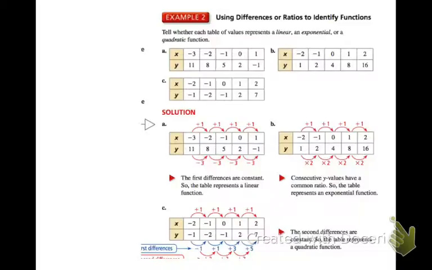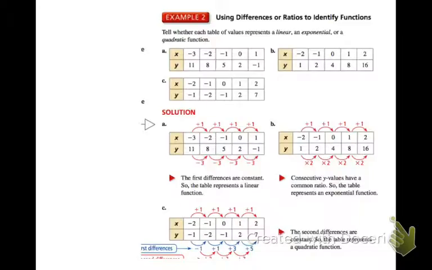So if you were looking for the common difference in part B, we'd say, 1 to 2 is +1, and then it was +2, and then +4, and so on. It's not a constant difference, so we have to look for the common ratio, or we have to look then at the second difference. Okay, so in C, here's what we mean by the second difference.